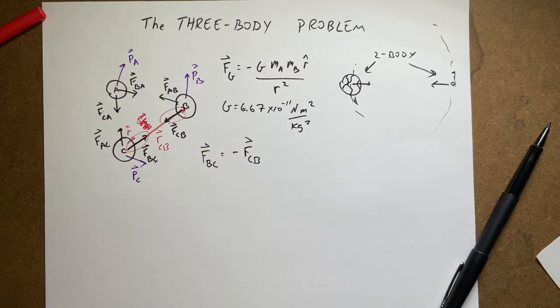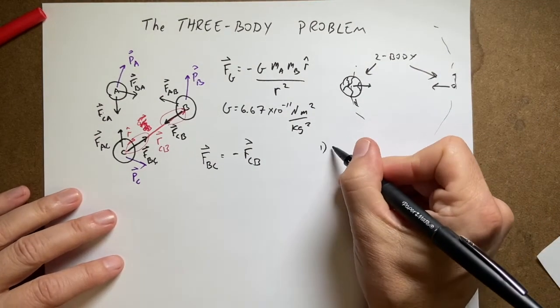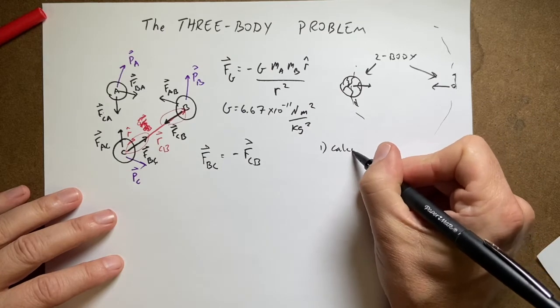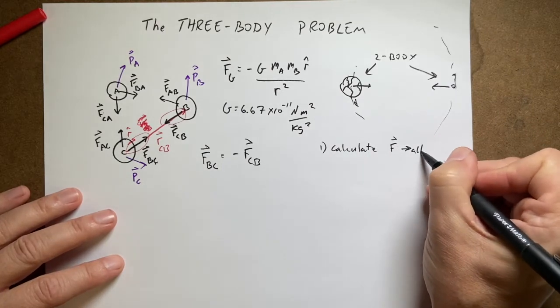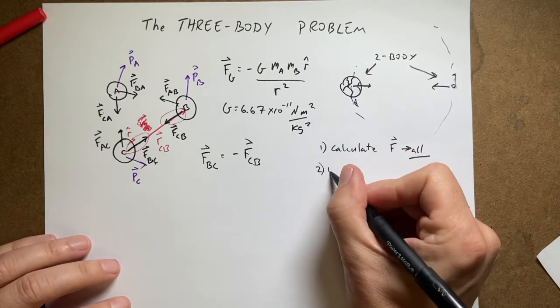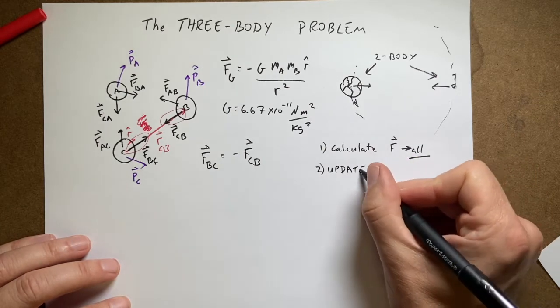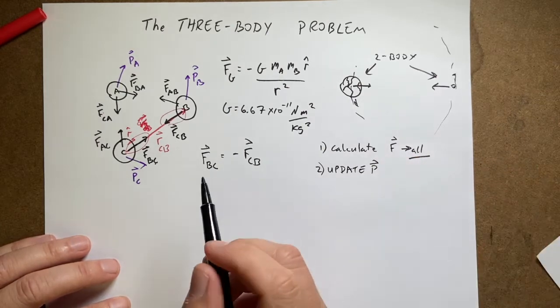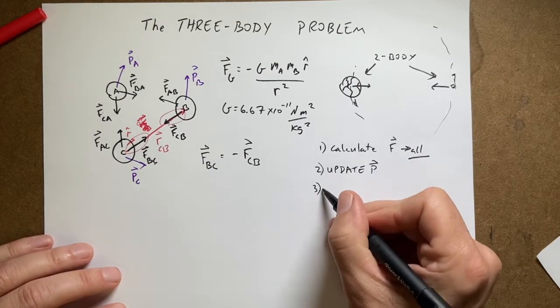Okay, so what do I need to do? Number one, calculate all the F's. Number two, update the momentum. So let me start, I'll go through all these. And then number three, update position.